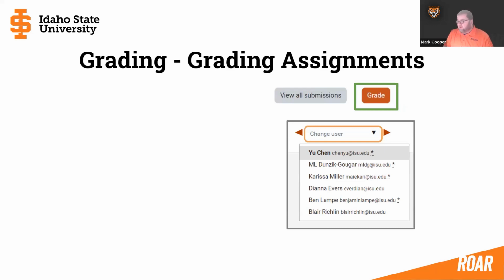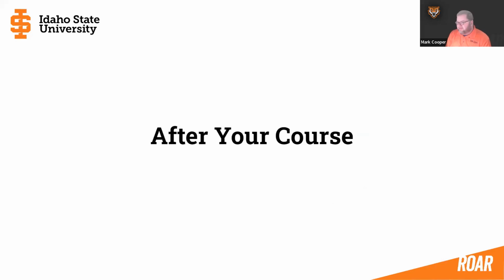Again, if you would like more information on sorting and grading in the gradebook, you can access a video called Grading in the Gradebook that we did as a Wednesday webinar, simply by going to the ITRC YouTube channel. And next, Ryan is going to tell you what you could do after the course is completed.